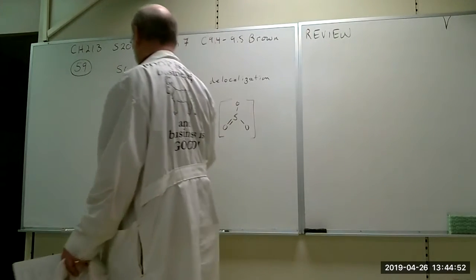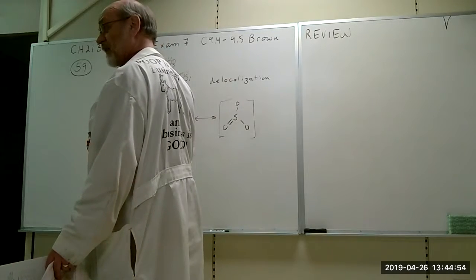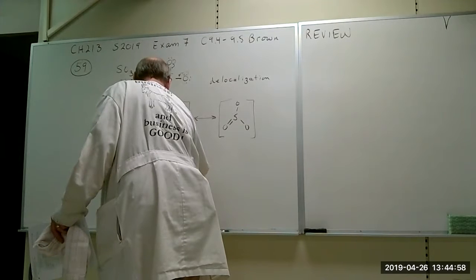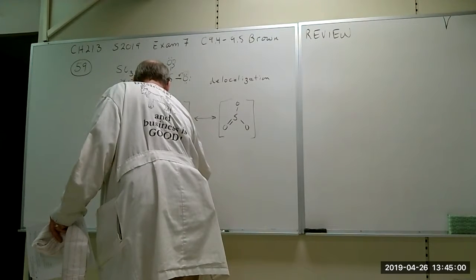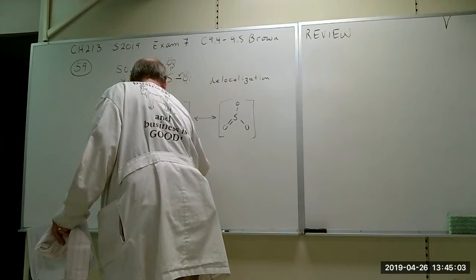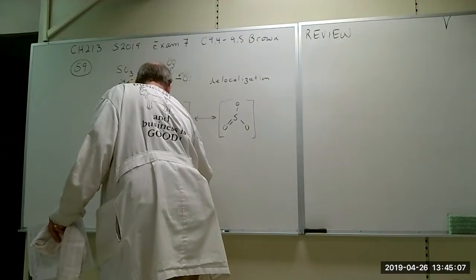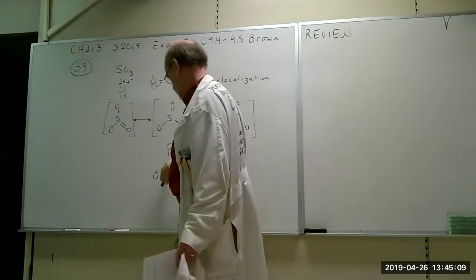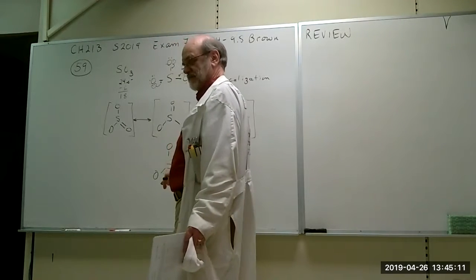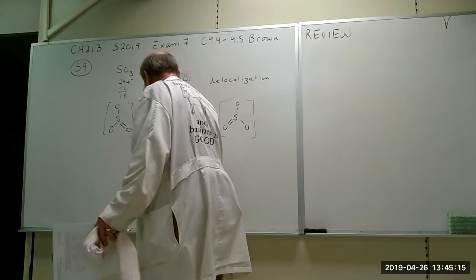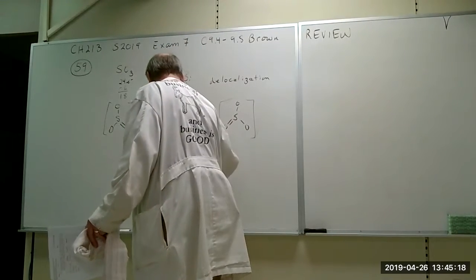Right? So if we wrote one structure for this entire thing, we would say this is a more accurate representation. These are partial double bonds. Right? And the electrons get smeared over the entire thing.